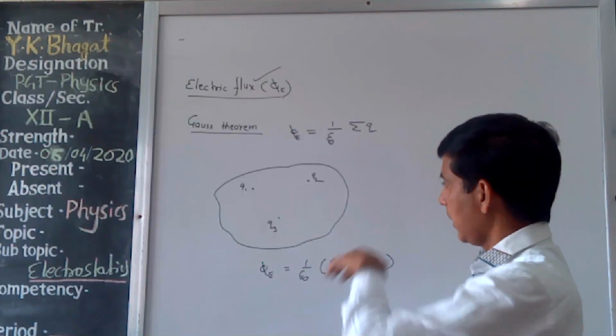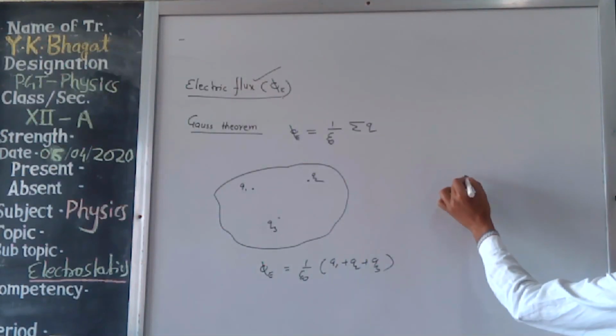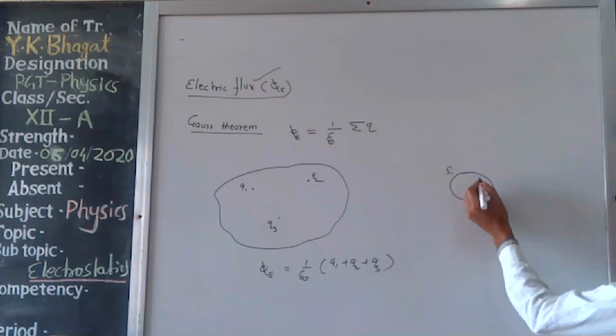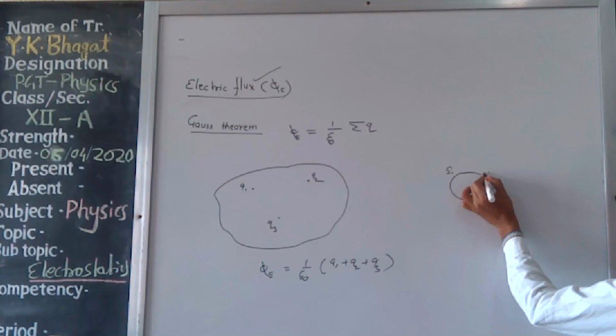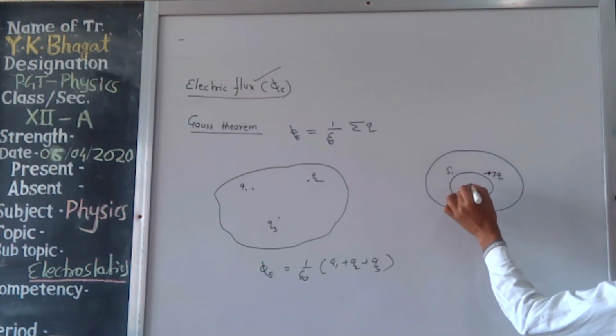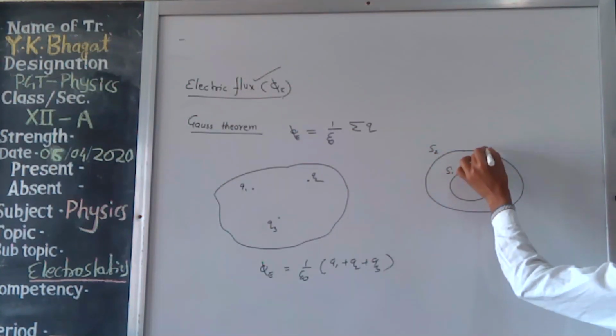Many more examples can we take. Suppose we have a small sphere S1 having charge plus 3q. Another, concentric sphere S2 has charge minus 5q.